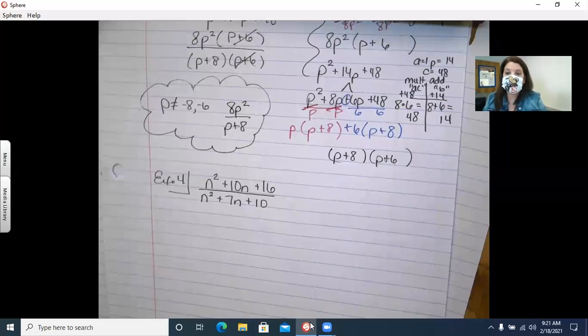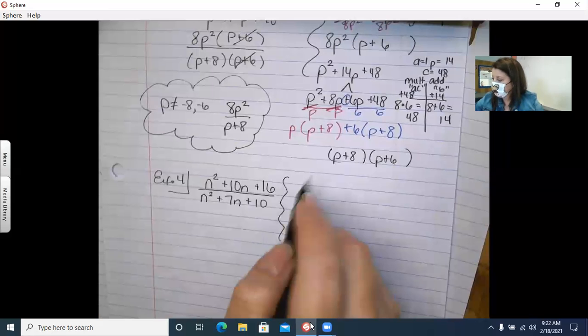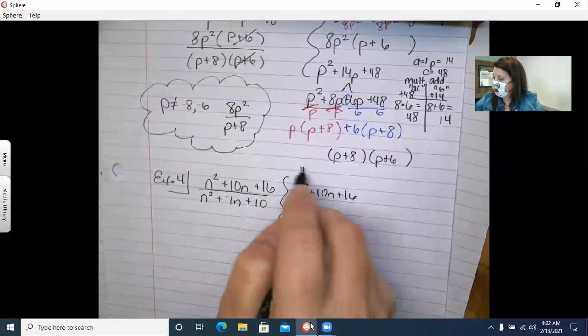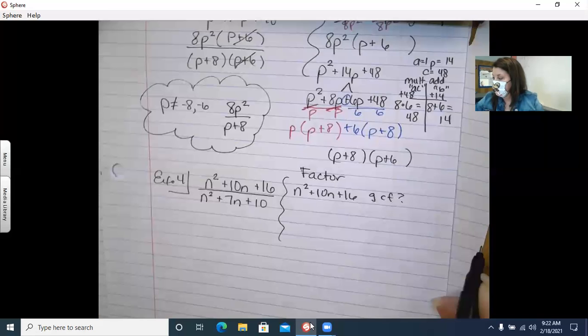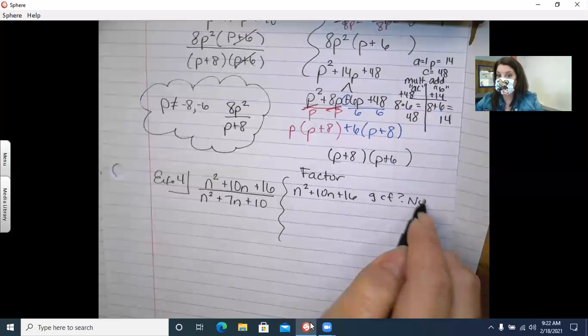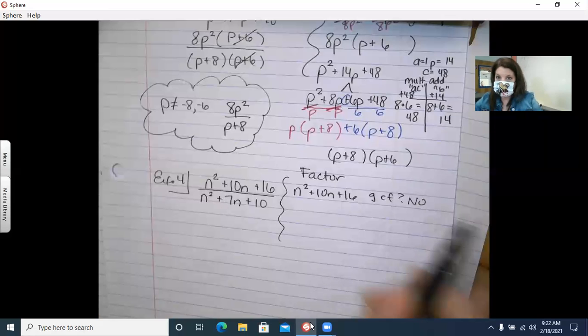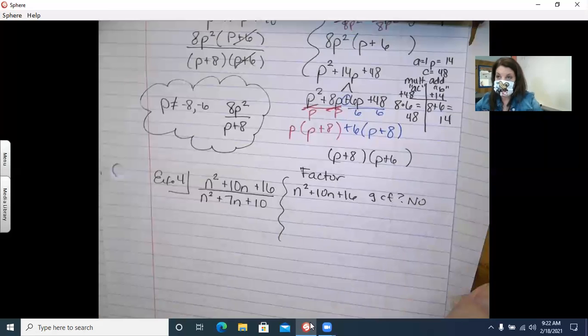So let me see if I can factor. I'm going to start with my numerator. Is there a GCF in my numerator? No, there's not. Remember, it's got to be a common factor of every term, not just two terms, every term. This is a quadratic, so if it's factorable, we can use the T-chart and factor by grouping.